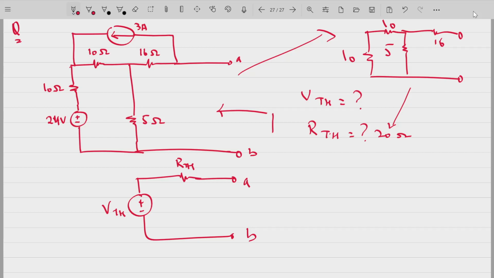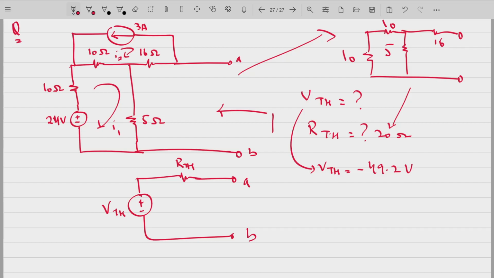VTH will be negative. Answer fractions में. VTH is minus 49.2 volts.